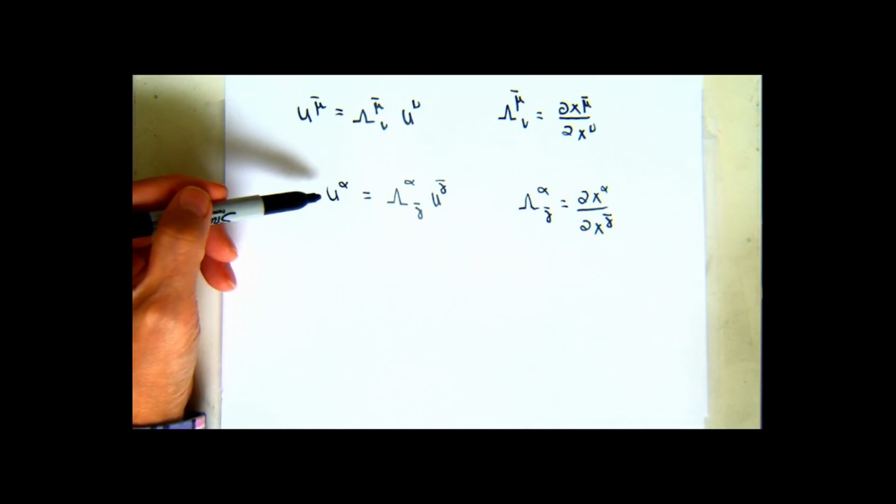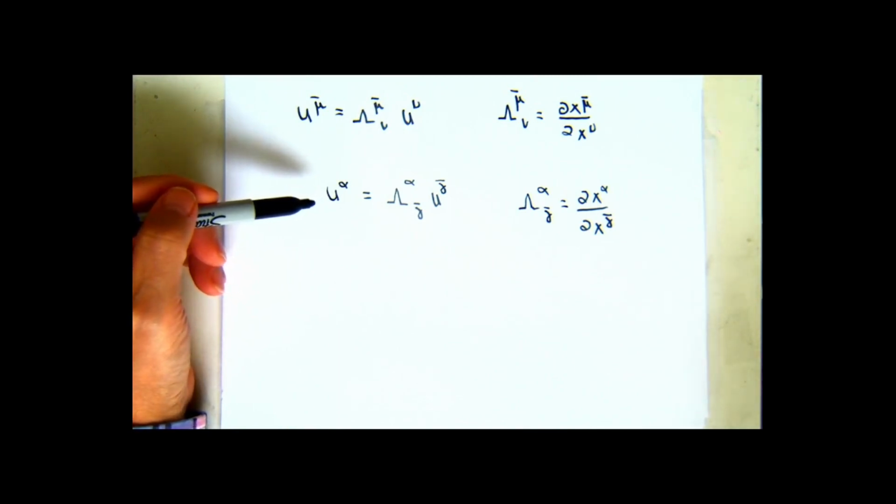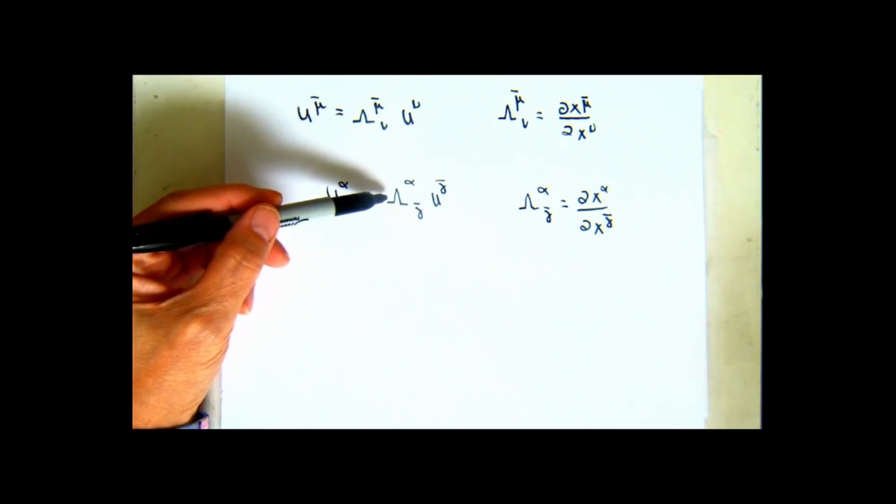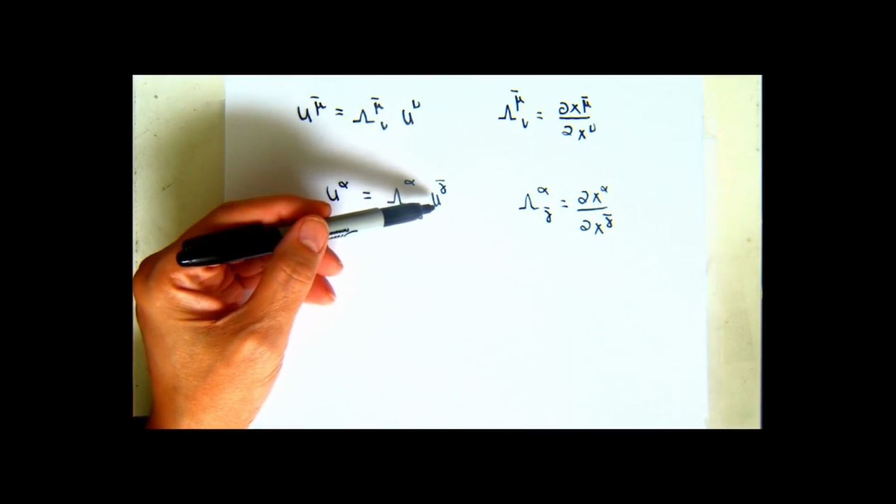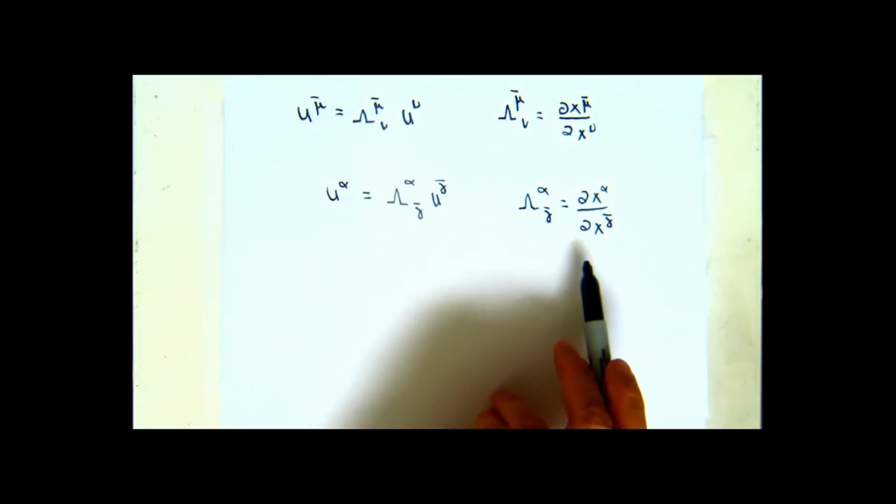If I started off knowing the components of an arrow in the barred system, exactly the same logic would lead me to the conclusion that U alpha, component alpha of U as measured by the unbarred system, is lambda alpha gamma bar times U gamma bar, where lambda alpha gamma bar is the partial derivative of x alpha with respect to x gamma bar. We will take this as an accepted fact.